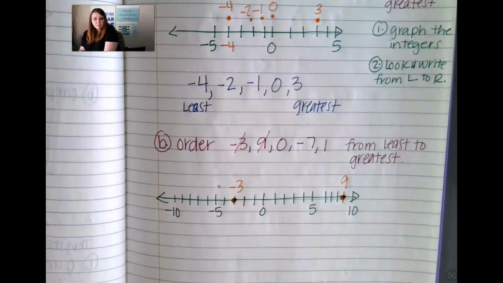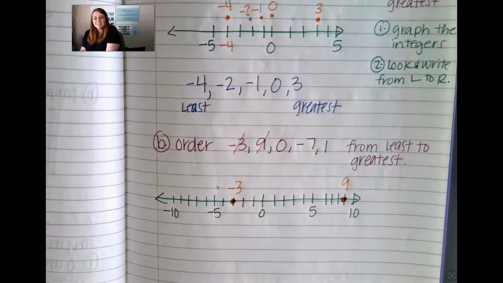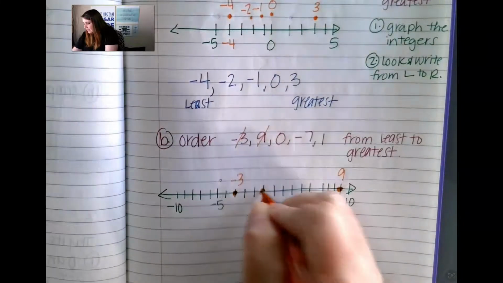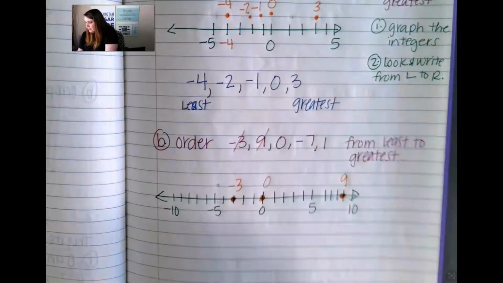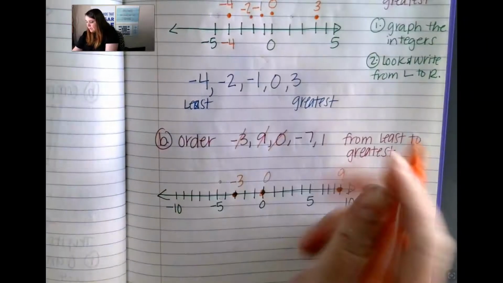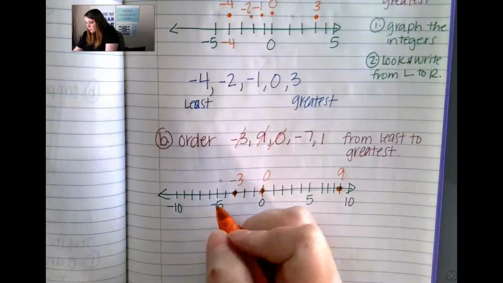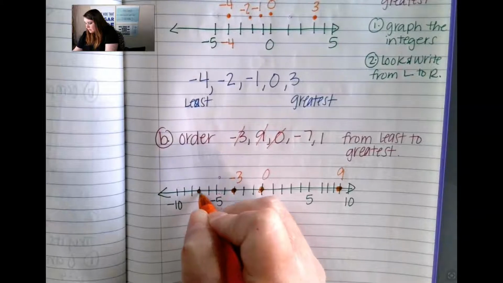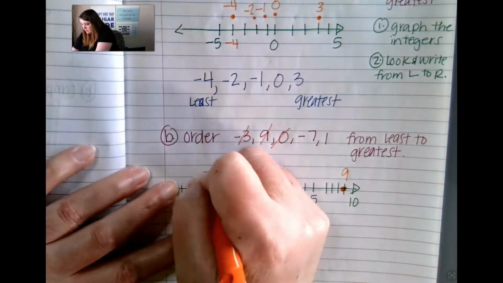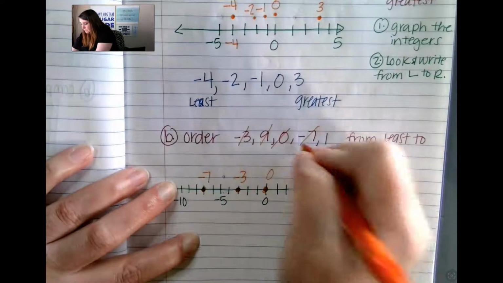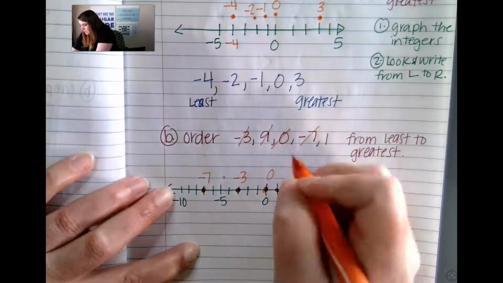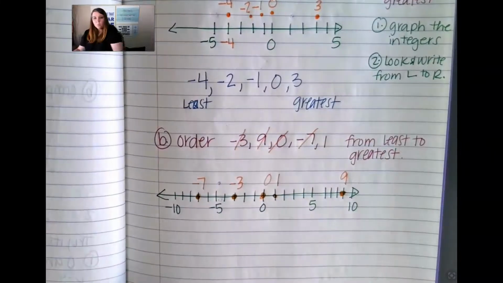Ooh, I just made another rhyme. Lots of rhyming today. Okay, 0. 0 is right in the middle. So there's my 0. Cross it off. Negative 7. So here's negative 5, 6, 7. Negative 7. And 1. Positive 1 is right here. So I'm going to write positive 1.